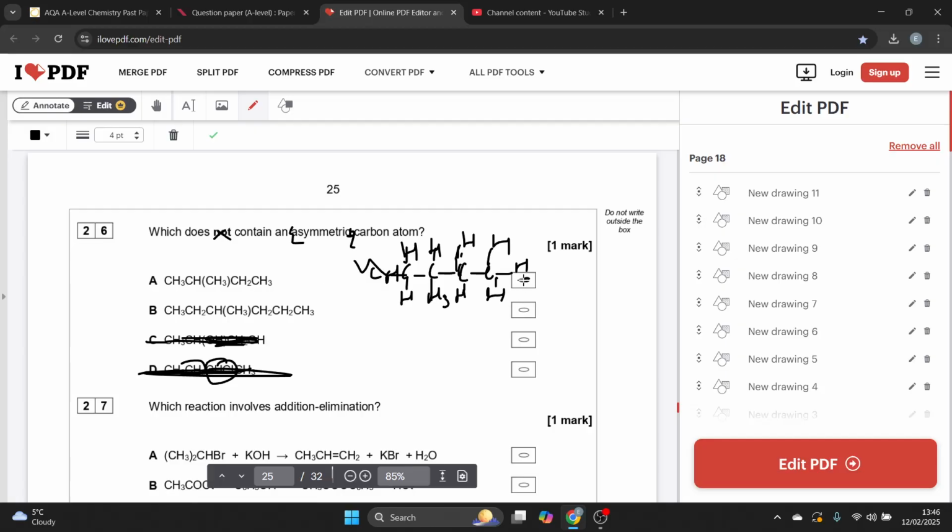Yeah, it's going to be A. That does not contain an asymmetric carbon atom.